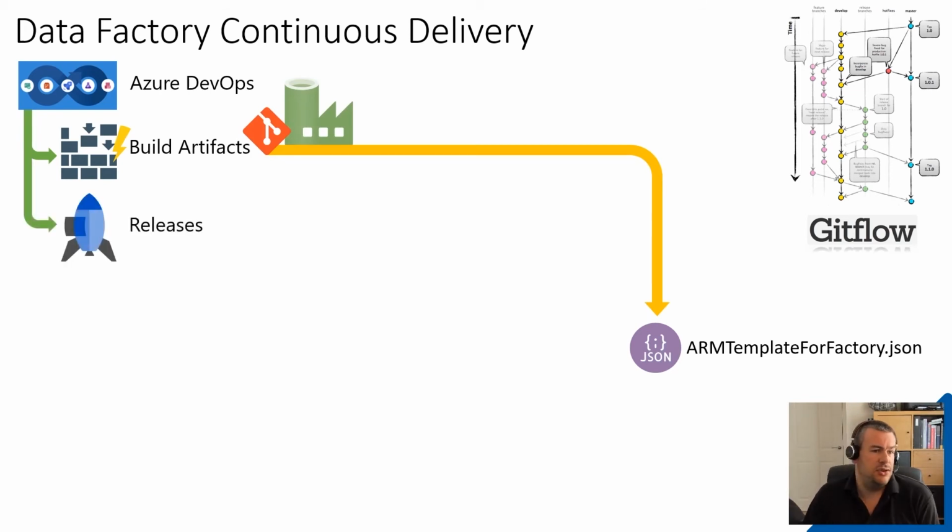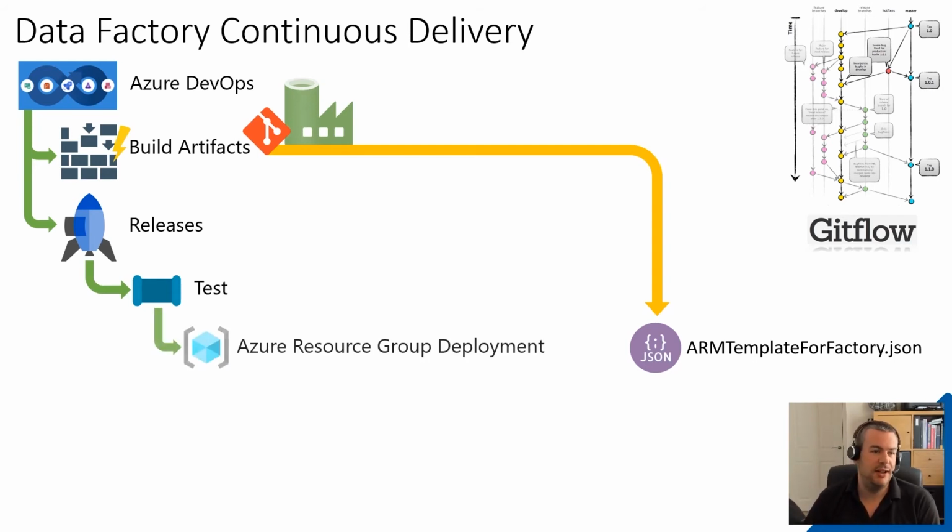Then in Azure DevOps, we create our releases, which for some reason has the icon of a rocket. It's fine, we can launch the Data Factory. And I would create a release pipeline, not to be confused, of course, with a Data Factory pipeline. This is a deployment thing now. And then what we could do is use the Azure Resource Group deployment task.